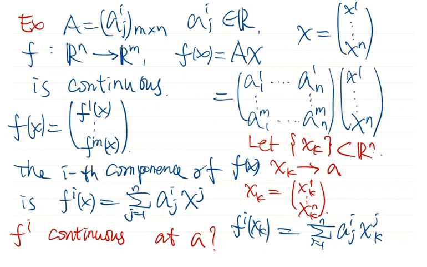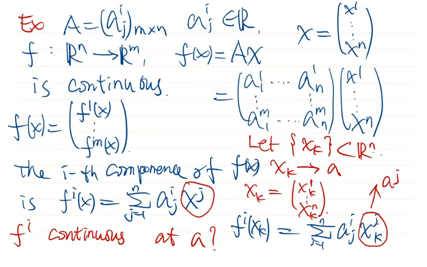Simply replace the xj by xjk because x is a sequence xk. Now this xjk converges to the component aj.